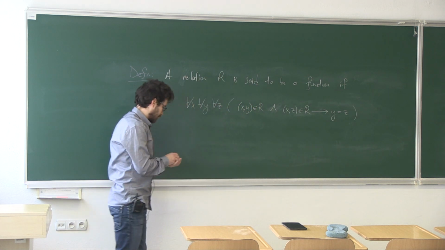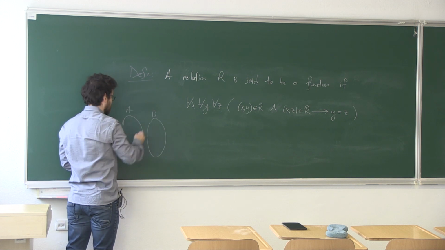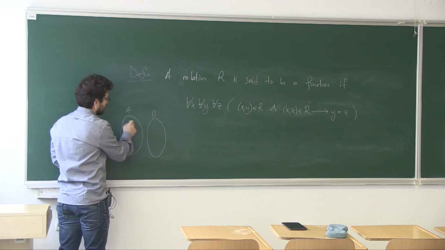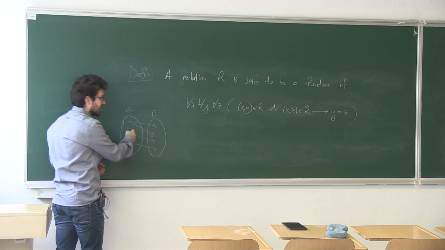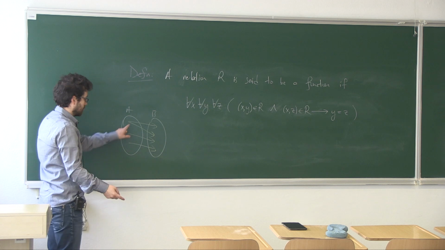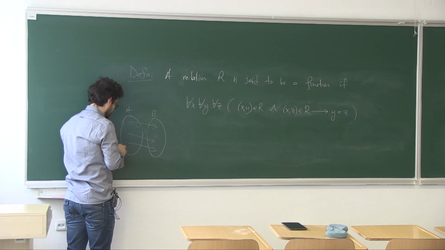Okay? So let's use these Venn diagrams. A relation is a function if this does not happen. If a single object is not mapped to two different objects.